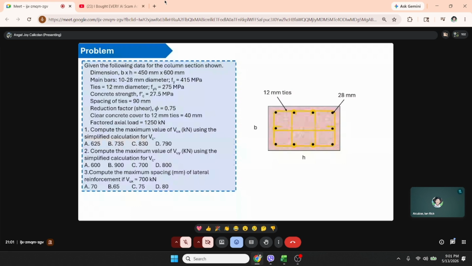So for part 1, compute the maximum value Vux using the simplified calculation for Vc.